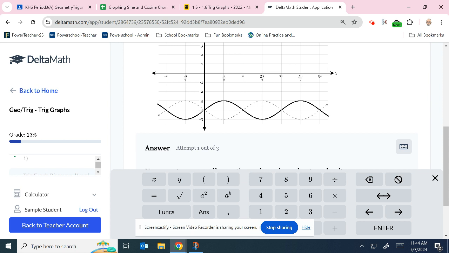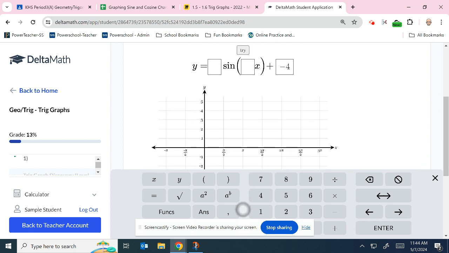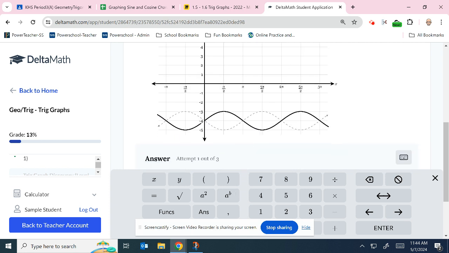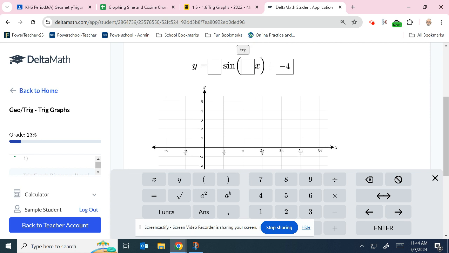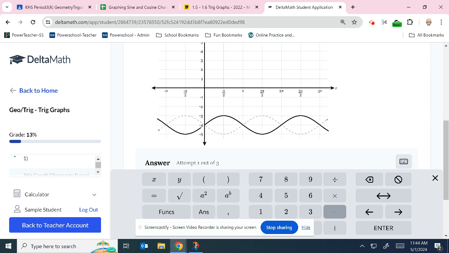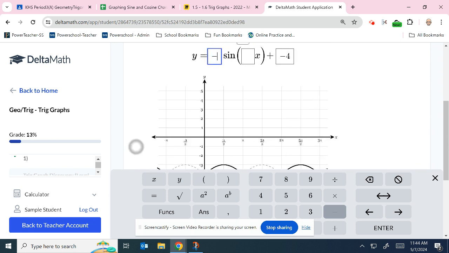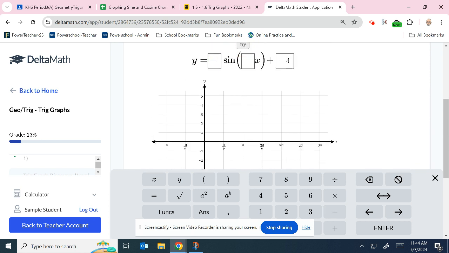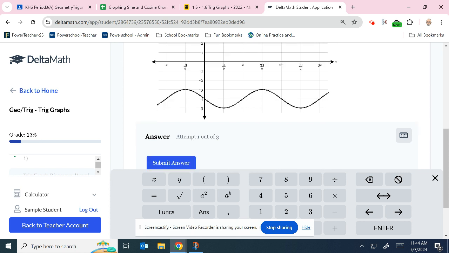Now, there's a couple of options here. There is a parentheses, but there's no plus in the parentheses. And I haven't shown you that if you were to simply put a -1 or just a negative in a graph, negatives always change signs, which means it's going to flip everything over the midline. So if I just stick a negative there and hit the word try, it flipped everything over and it made the correct graph.